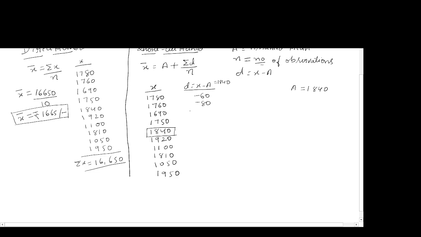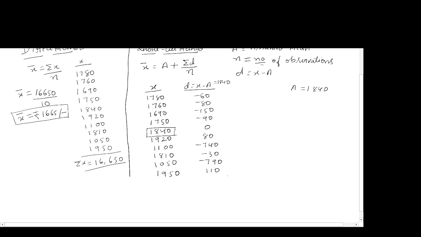Please be careful with this sign. 1690 minus 1840 is minus 150. 1750 minus 1840 is minus 90. 1840 minus 1840 is 0. 1920 minus 1840 is plus 80. 1100 minus 1840 is minus 740. 1810 minus 1840 is minus 30. 1050 minus 1840 is minus 790. And 1950 minus 1840 is plus 110.